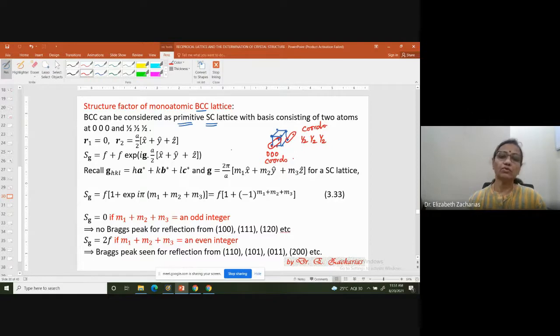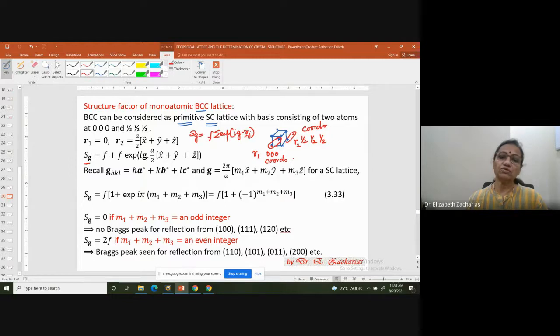Now, let's call this R1 vector and let's call this R2. So these are the positions. And now you have to put it into the structure factor formula. What is the structure factor formula? Sg equal to F into summation exponential Ig dot Rj. But here there are only 2 J's, R1, R2.